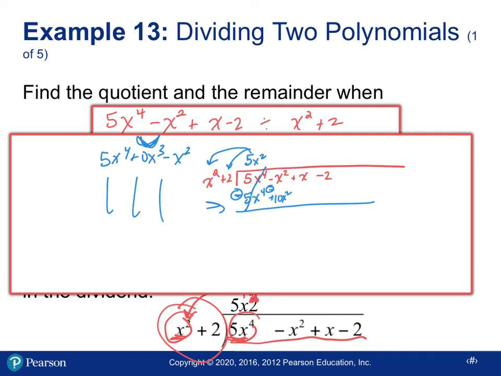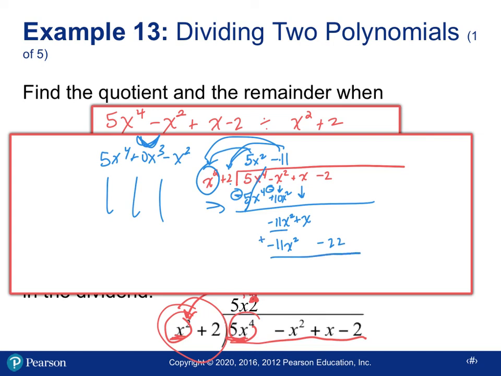So the first term should always cancel out, and now when you add here, you're going to get a negative 11x squared plus x. Then you do x squared times what will give you negative 11x squared, so you do negative 11, and then you distribute it. Negative 11x squared, and negative 11 times 2 is a negative 22.